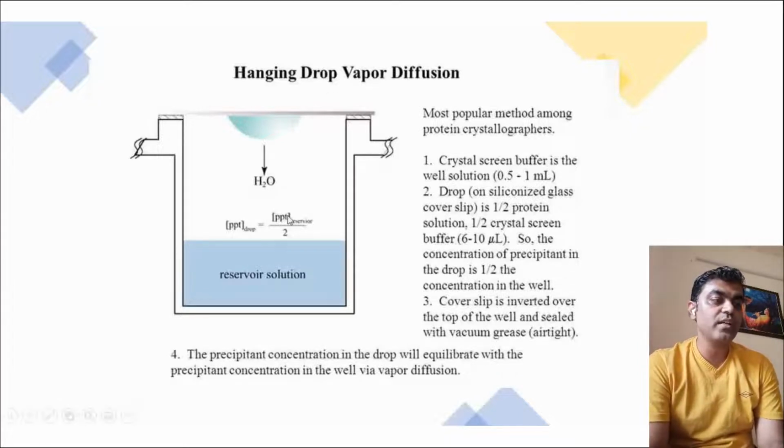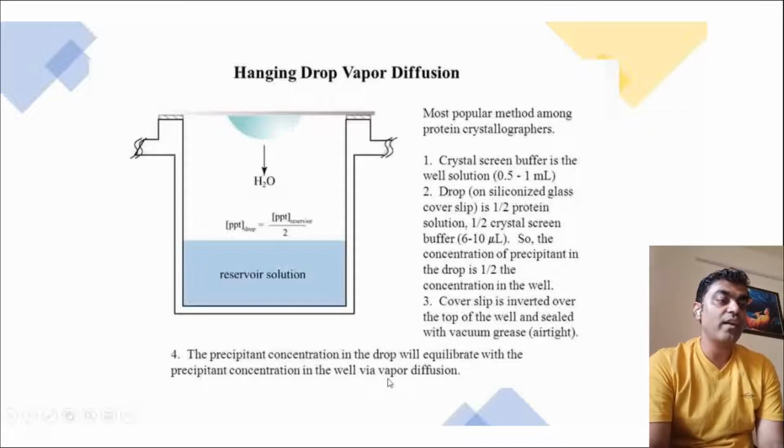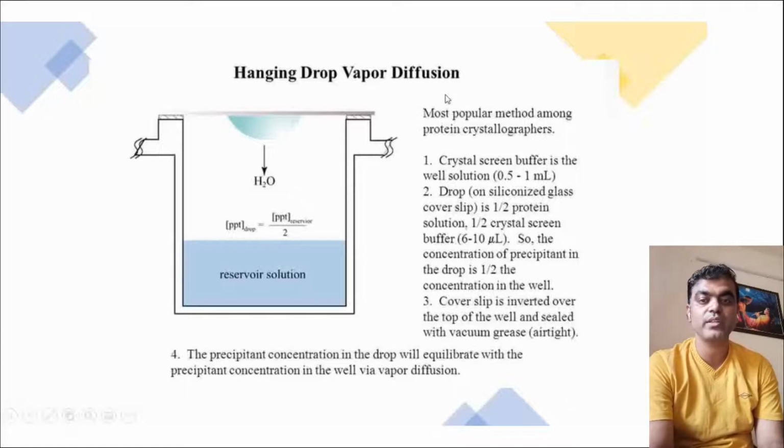The precipitant concentration in the drop will equilibrate with the precipitant concentration in the well via vapor diffusion, and that is why it is called a hanging drop vapor diffusion technique.